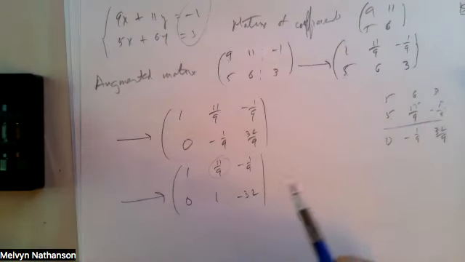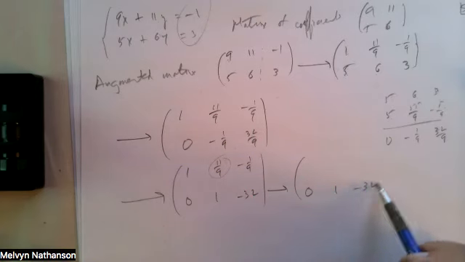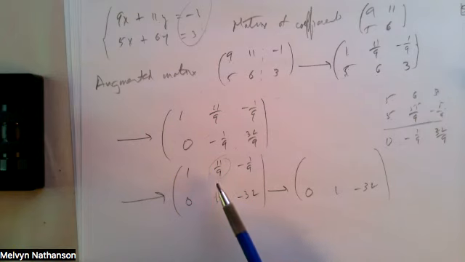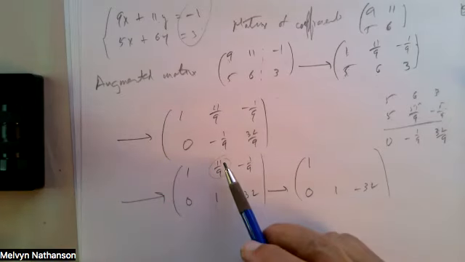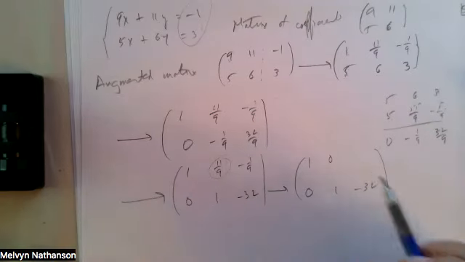Then I want to get a 0 here. So I'm not doing anything to the second row, but I'm going to take the first row minus 11/9 times the second row. So 1 minus 0 is 1. 11/9 minus 11/9 is 0.